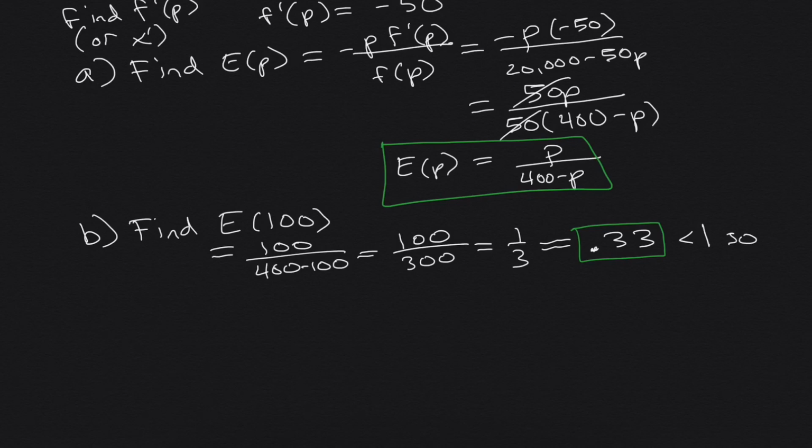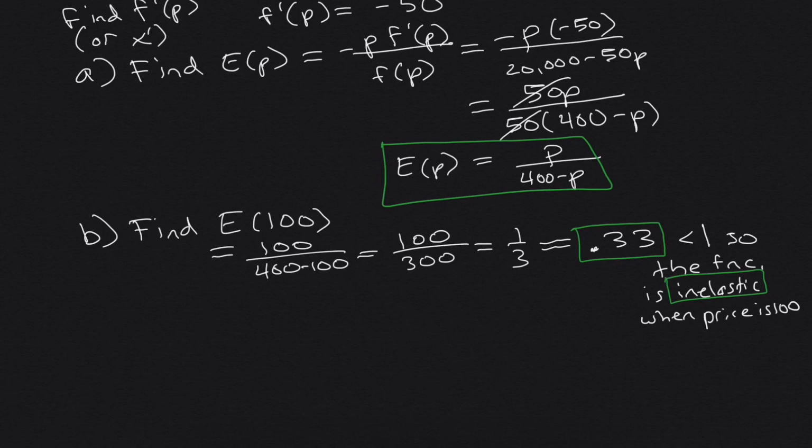So this function is going to be considered inelastic when the price is 100 in this case, and maybe it was dollars, maybe it was something else, but either way, it's going to be considered inelastic.